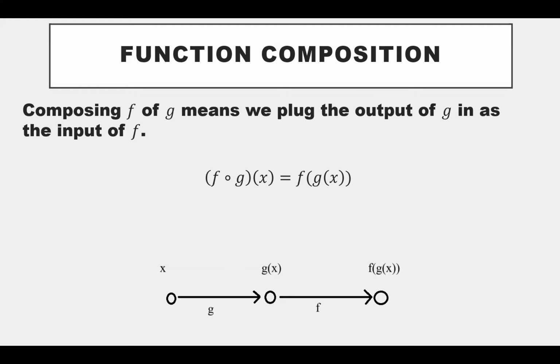This is composing F of G, or compose F with G. Again, order here is going to be important. The one on the right-hand side is going to be the inside function. The one on the left-hand side is going to be the outside function.